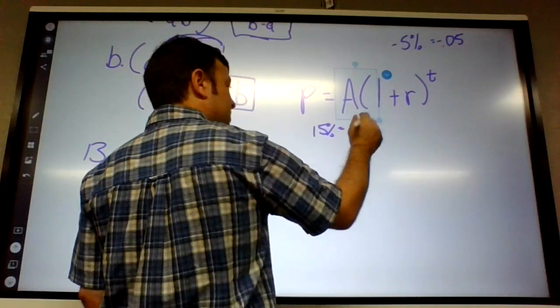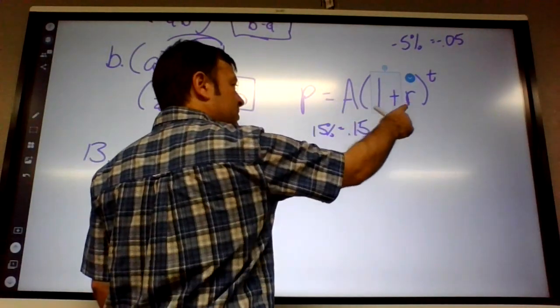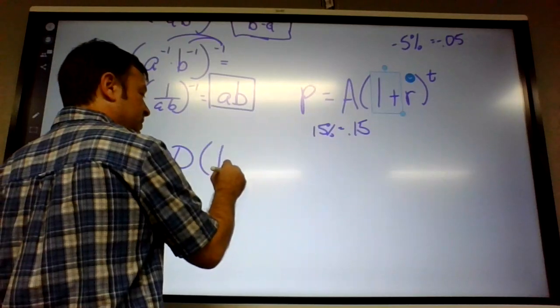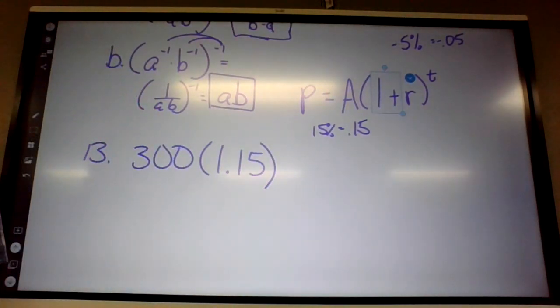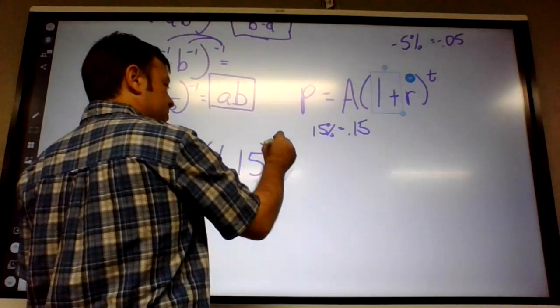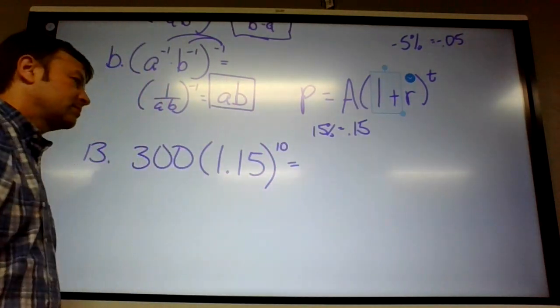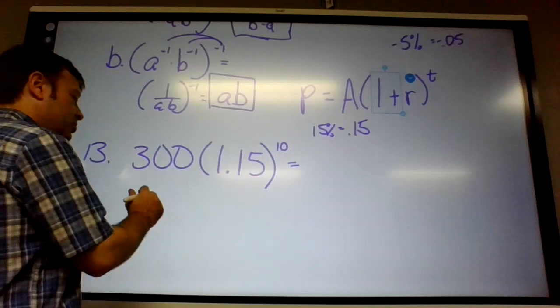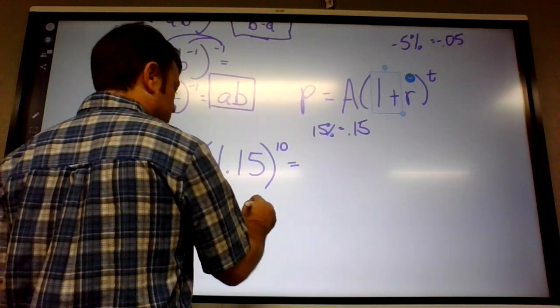Okay, and it's an increase, so this is 1 plus 0.15, or 1.15. Then it says how much will it be worth in 10 years? How much will it be worth in 20 years? For the 10 years, we put a 10 right there and plug it in. For the 20, we put a 20 right there and plug it in.